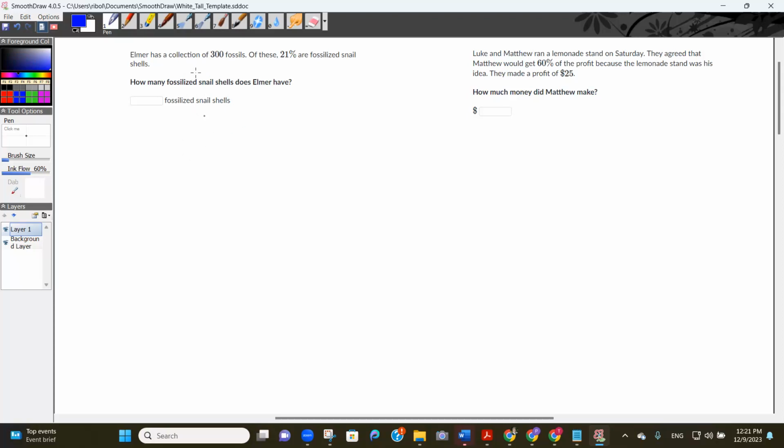Here we have: Elmer has a collection of 300 fossils. Of these, 21% are fossilized snail shells. And so the question is, how many fossilized snail shells does Elmer have? All right. So the idea is we have 300 fossils, so this represents 100%.